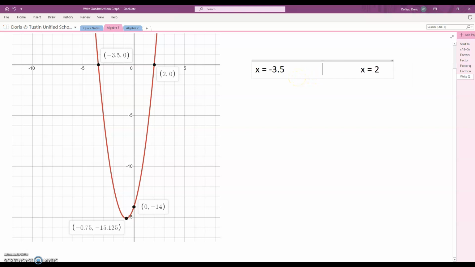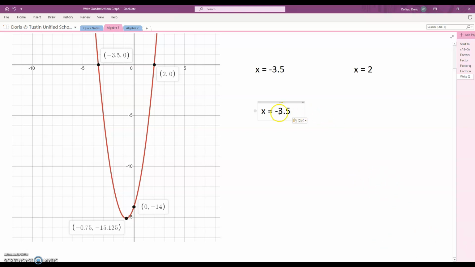All right, so we're going to work from there on each of these. So for the first expression where x equals negative 3.5, we need to convert that into a fraction to undo the math and find our factor. So this is what I mean by that.